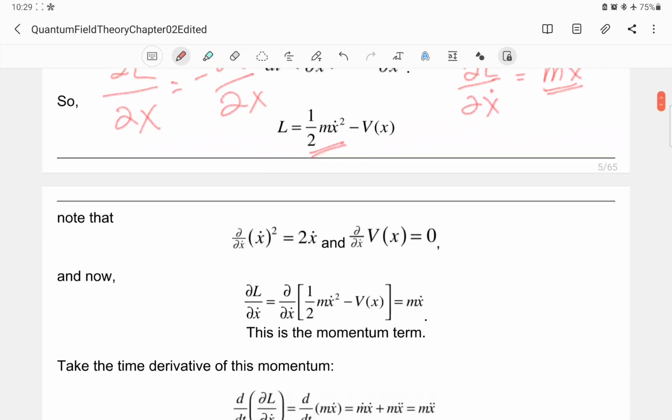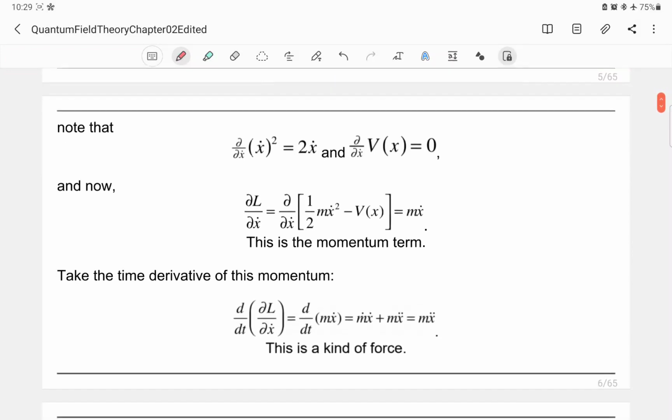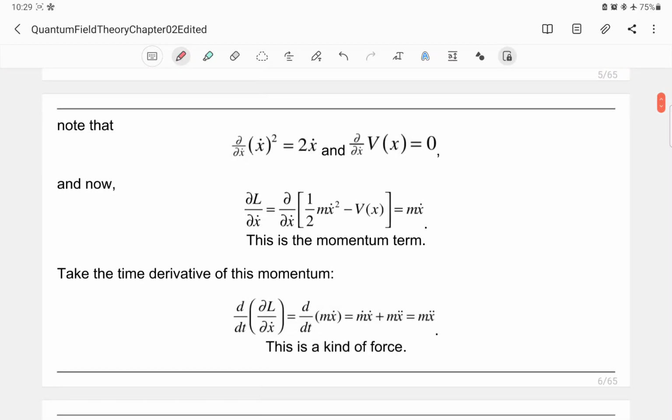The time derivative of the first result is just m x double dot, where m dot is equal to 0.